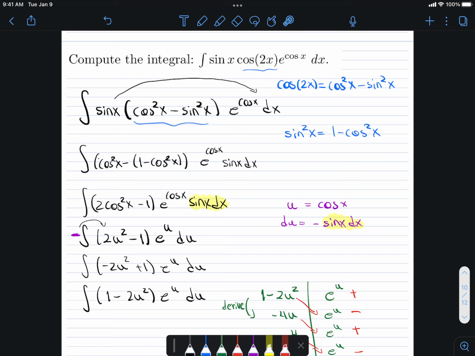Sine of x, cosine of 2x. Those are different, which makes it difficult for me to combine them somehow. So first thing, get rid of the 2x, turn it into an x using a double angle formula.